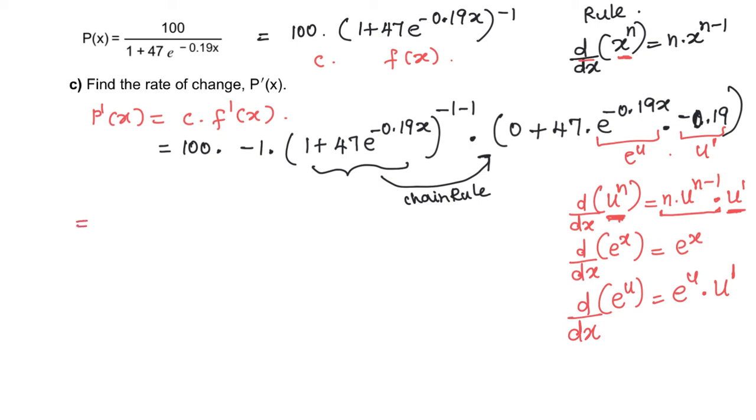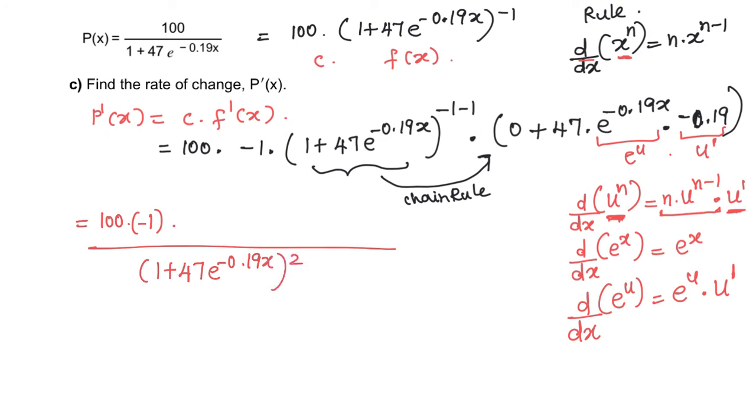So next step I have 100 times negative 1. The other one, I'm moving that whole term to the denominator. Then I have 47 e power negative 0.19x times negative 0.19.